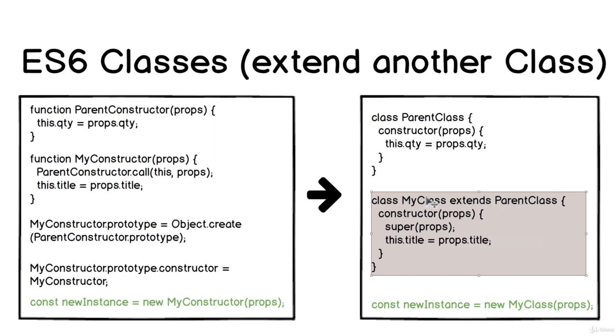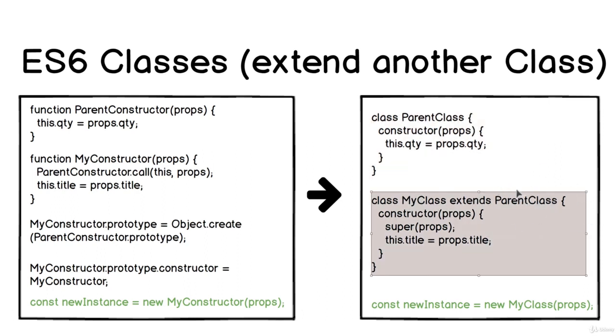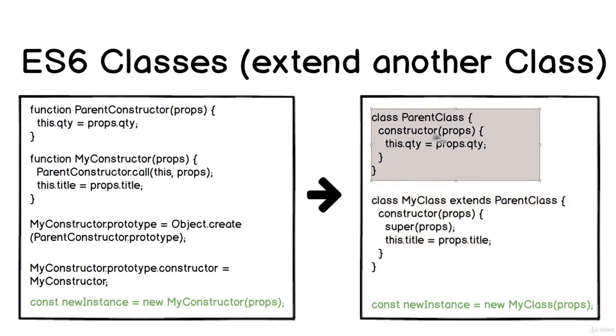In our case, MyClass extends ParentClass, and super will automatically call the constructor method of the parent class. You can also pass arguments here. In this example, we pass props as an argument because in this constructor method, we refer to the props in order to assign a new property to the instance of the class.